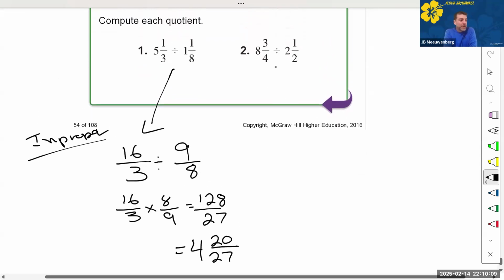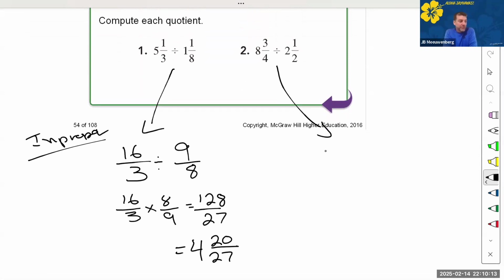For the second one, again, change to improper first. 4 times 8 plus 3, 35 over 4, divided by 2 times 2 plus 1, 5 over 2.